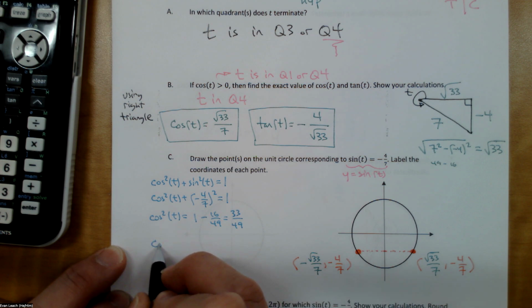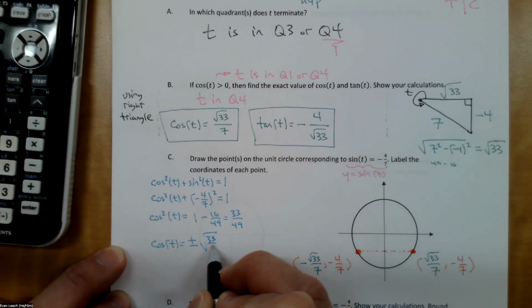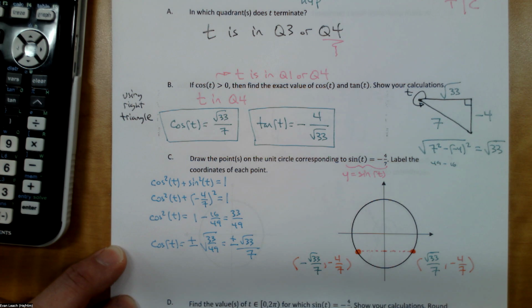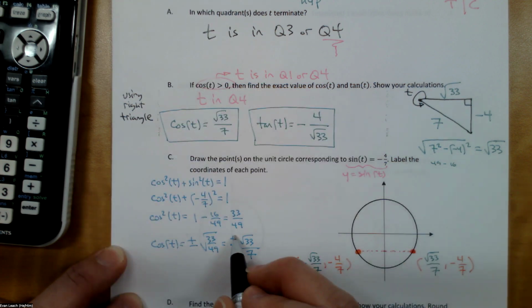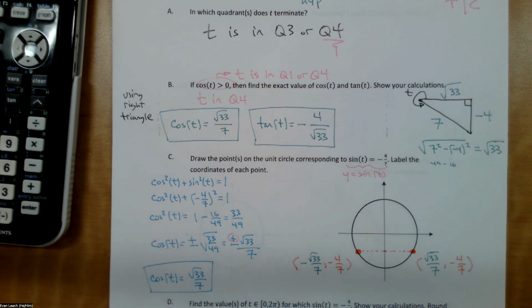Then when we do the square roots, we just leave the square root on the top of 33. The square root of 49 is 7. Now we make our decision, since cosine is positive, we choose positive. This is the other version of part B, using identities.